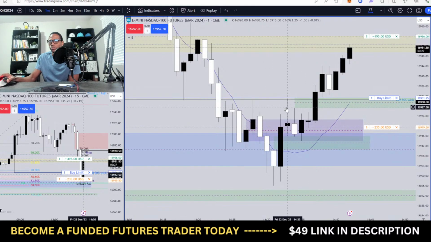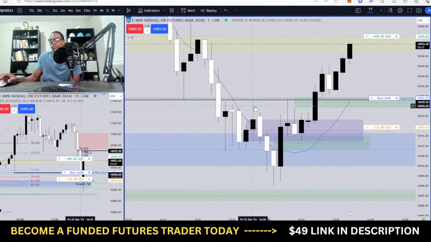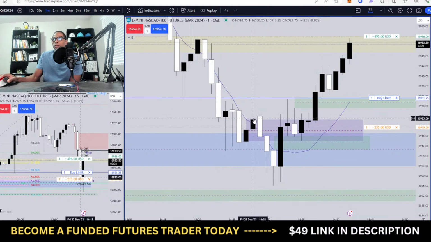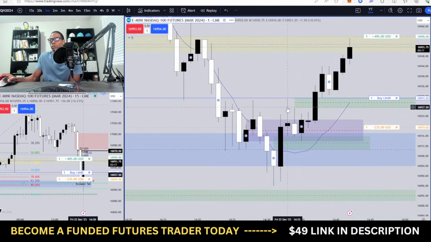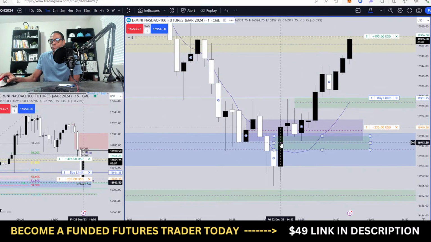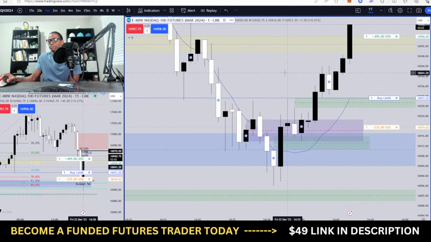So when this candle right here broke, let's get rid of this. First we had a high right here, which was broken by this candle. And then immediately following, price traded down into this fair value gap and then traded right out.